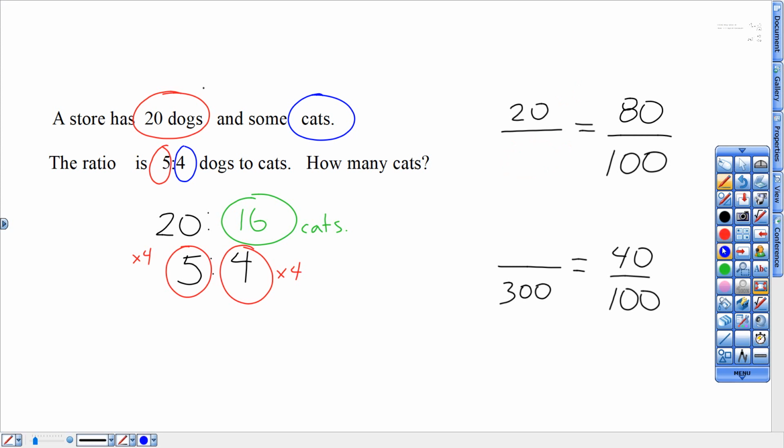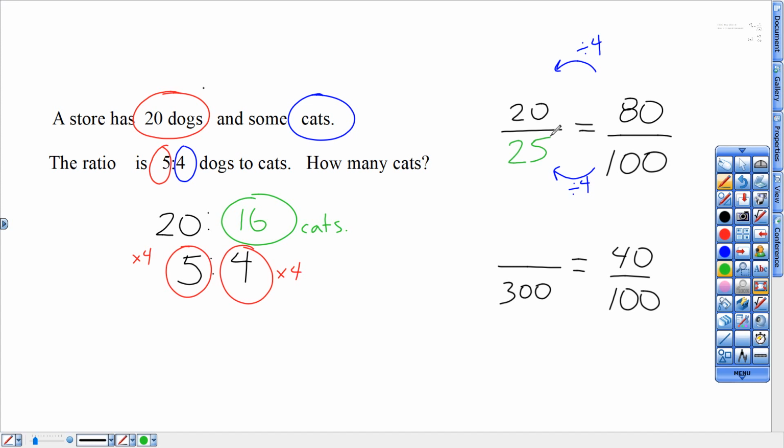Maybe look the other way. Dividing. What am I dividing down? If I divide 80 by 20, it looks like I'm dividing by 4. So if I come over here to that 100 and divide that by that same 4, it will give me what the other number has to be to keep those two fractions equivalent or equal. It has to be 25.